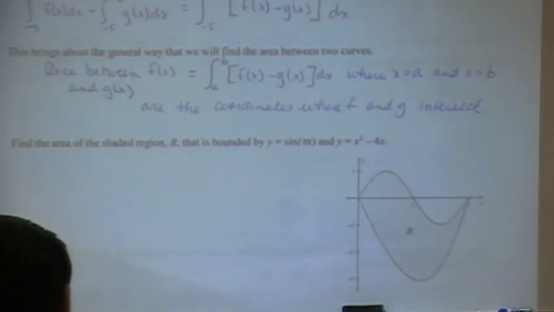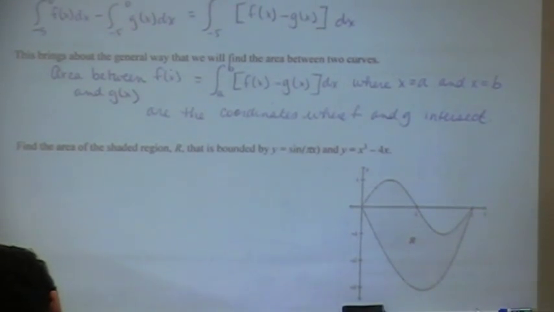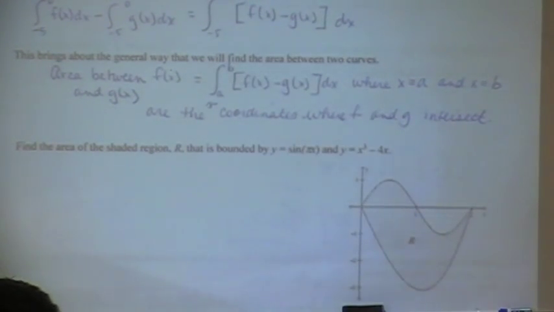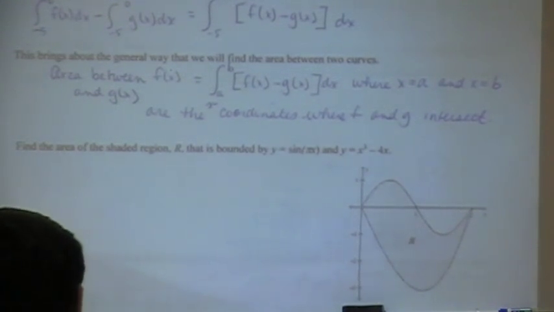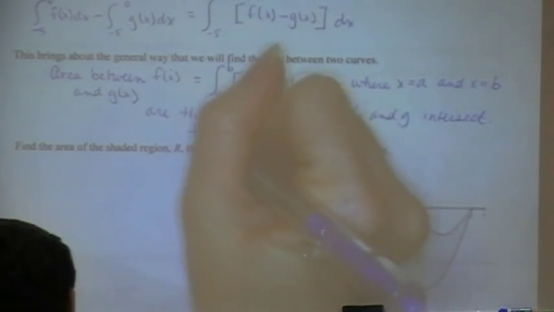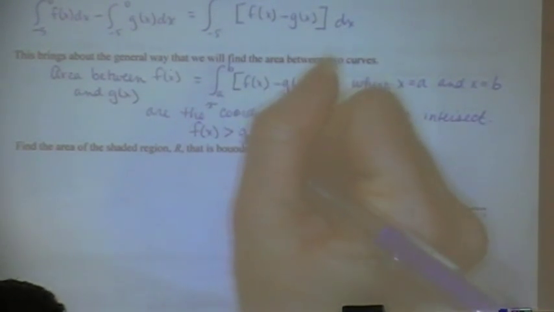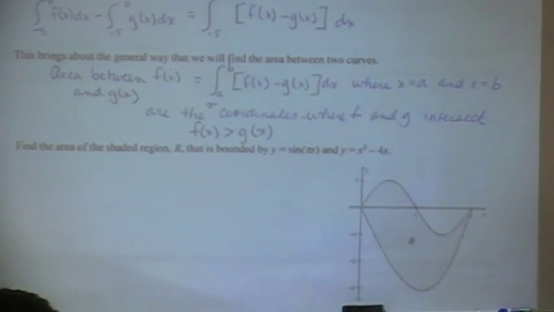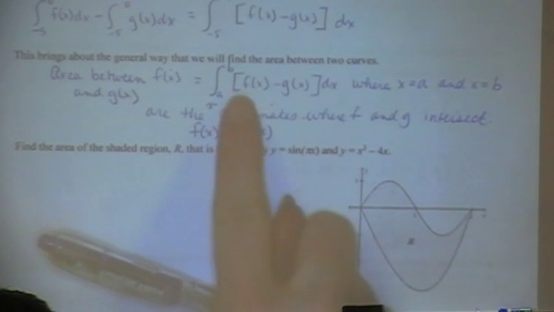Our A and our B values have to be the points where our two functions intersect. Specifically, they're not just any coordinates, they have to be the x coordinates where f and g intersect. There's also one other important thing: in this case, f of x has to be greater than g of x. It has to be above it to be written this way.